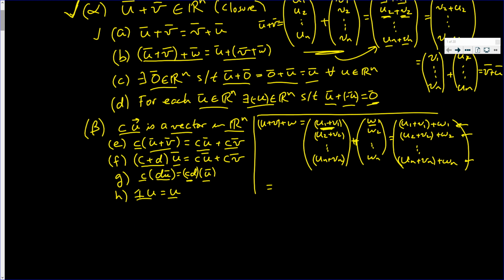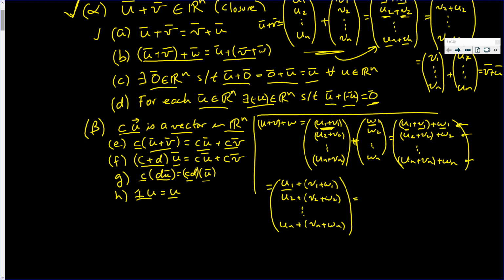And three real numbers have the associative law. This is 1 plus 2 plus 3 real numbers. It has the associative law. That this is the same as u1 plus v1 plus w1, and u2 plus v2 plus w2, all the way down to un plus vn plus wn.